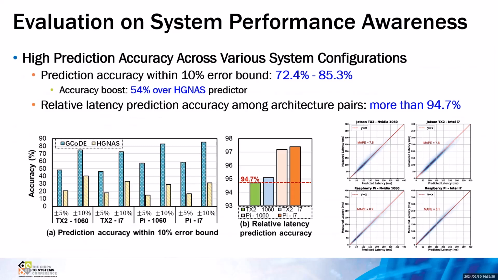Besides, our proposed system performance awareness method achieved high prediction accuracy across various system configurations. It can achieve 72 to 85% accuracy with a 10% error bound. And compared to the GNN hardware performance predictor designed for edge devices, our method achieved a 54% improvement.